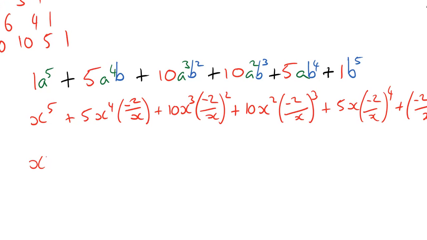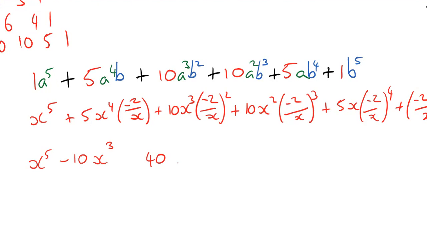So x^5 can remain the same. We're going to end up with a minus 2 and a 5, so a minus 10. And the x^4 will cancel with one of those x's on the denominator of that fraction, so we're going to have x^3. In the same way, (minus 2)^2 is going to be 4, and 4 times 10 is going to be 40.